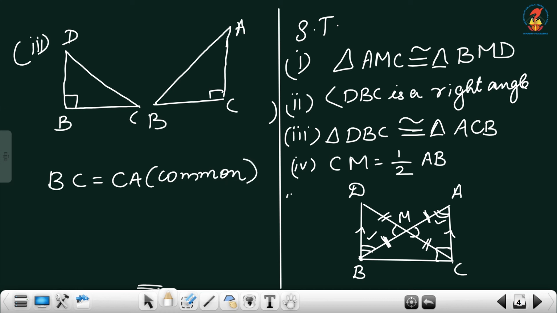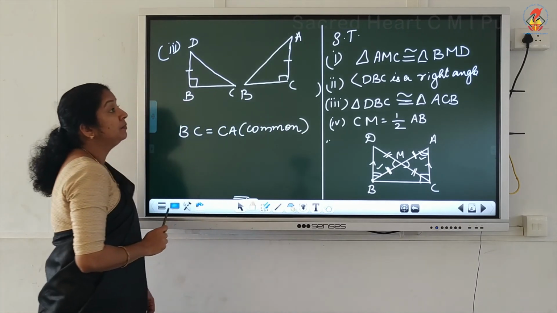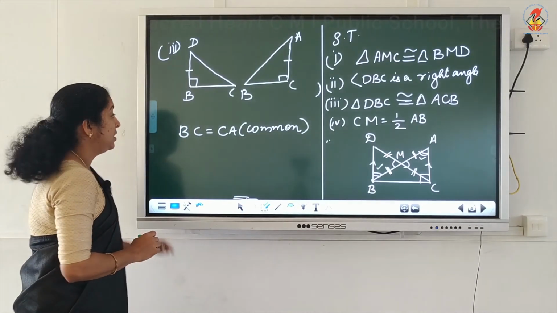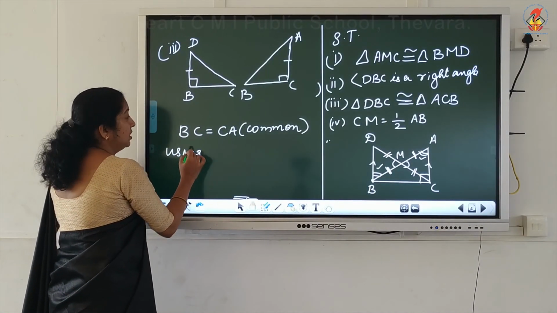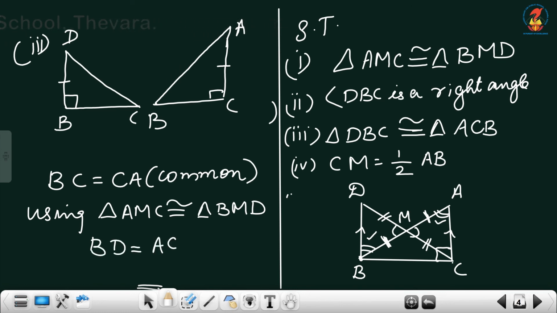So, we got one side. Any other side? What about BD and AC? BD is equal to AC using CPCT in the first one, triangle AMC congruent to triangle BMD. So, we got two sides, and the included angle is given, angle B is equal to angle C is equal to 90 degree.